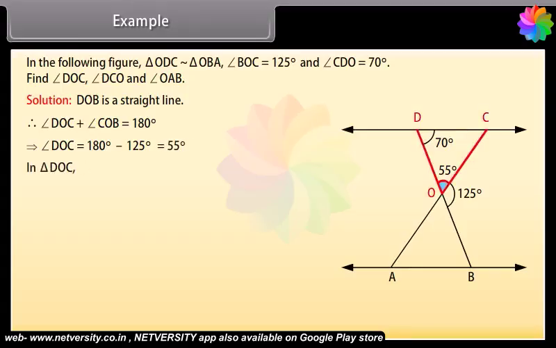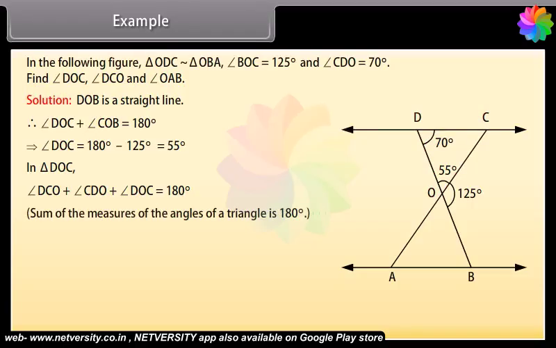In triangle DOC, angle DCO plus angle CDO plus angle DOC equals 180 degrees. Sum of the measures of the angles of a triangle is 180 degrees, which implies angle DCO plus 70 degrees plus 55 degrees equals 180 degrees, which implies angle DCO equals 55 degrees.